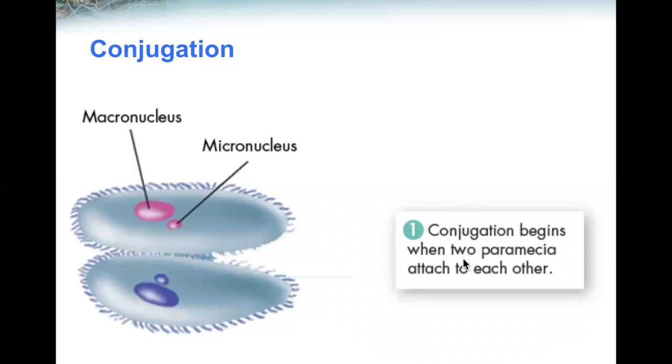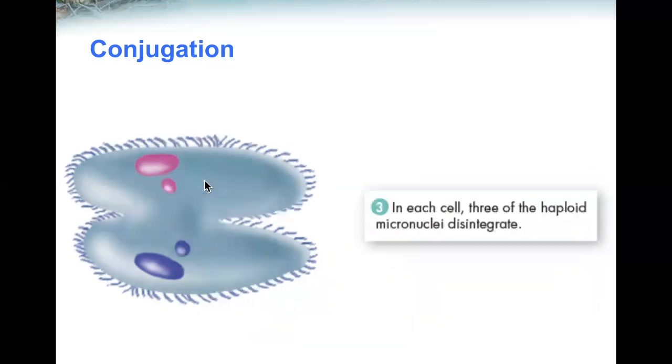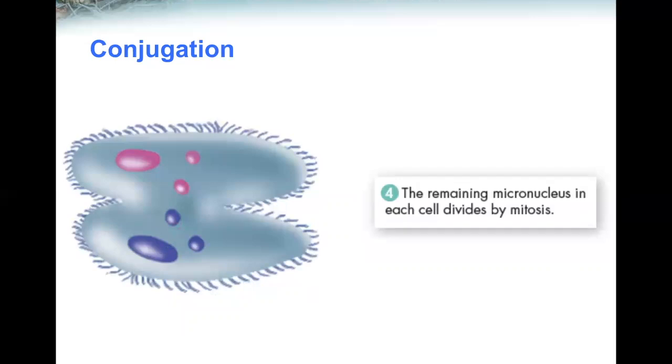Conjugation begins when the two paramecia attach to each other. Meiosis of their diploid micronuclei produces 4 haploid micronuclei. In each cell, 3 of the haploid micronuclei disintegrate. The remaining micronucleus in each cell divides by mitosis.